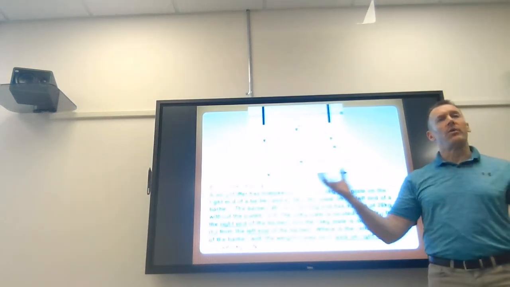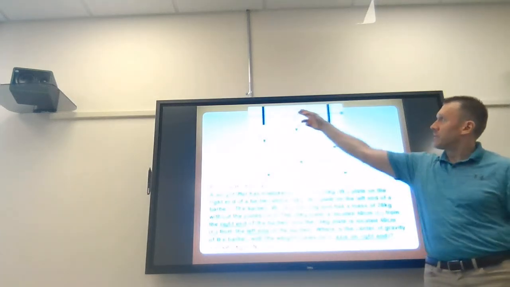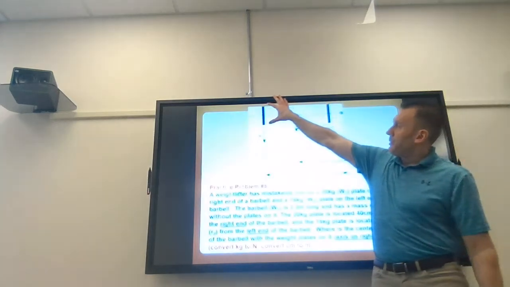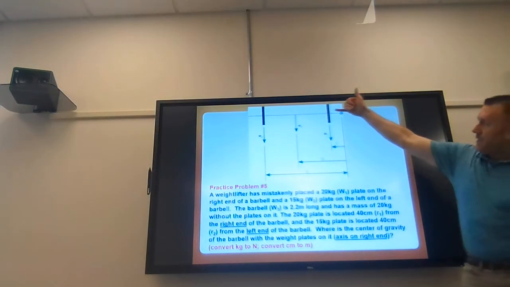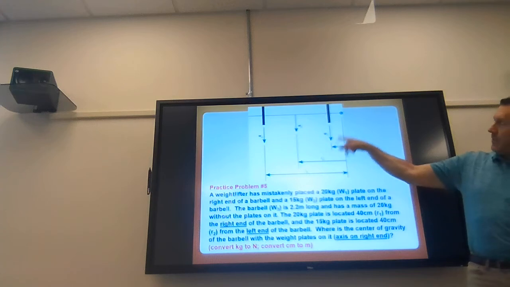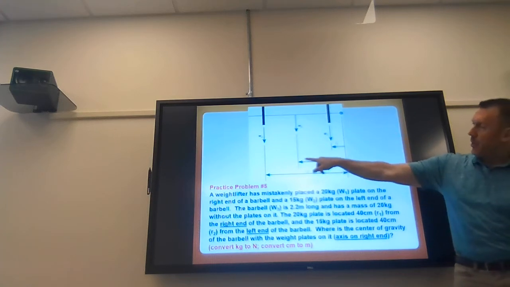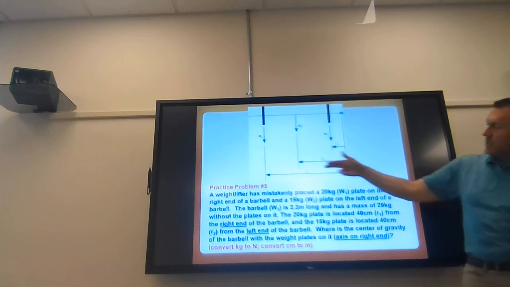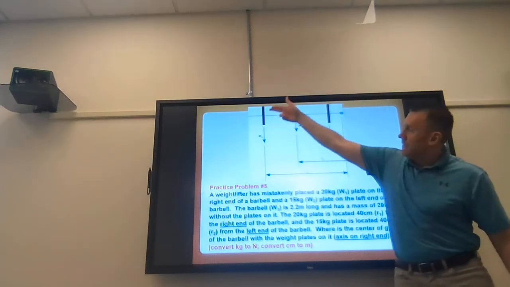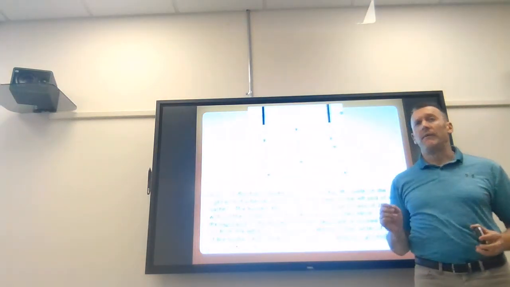You have a nice barbell, with uniform composition throughout, so it's going to be right in the middle. And then you have this plate, which is this distance. So you see all of these distances from the axis to this plate, from the axis to the middle of the barbell, from the axis to the very end where this plate is located. Everybody with me so far?